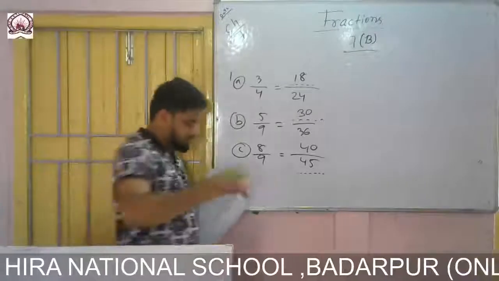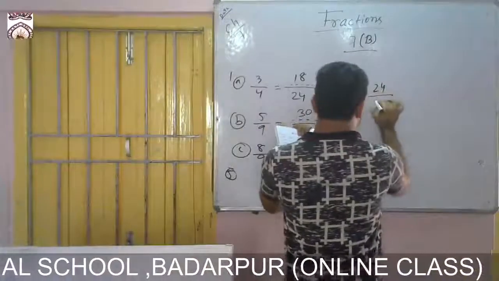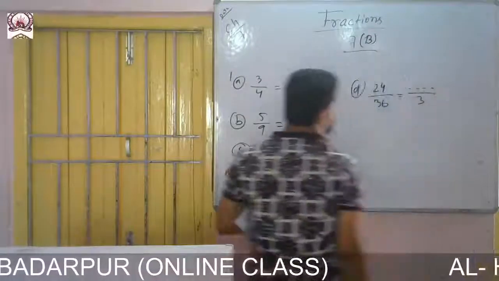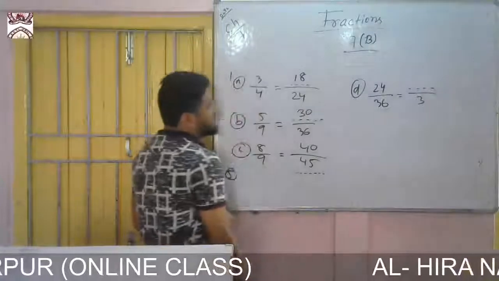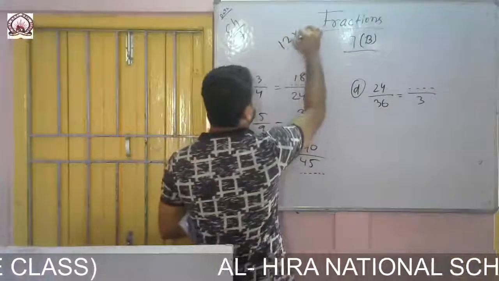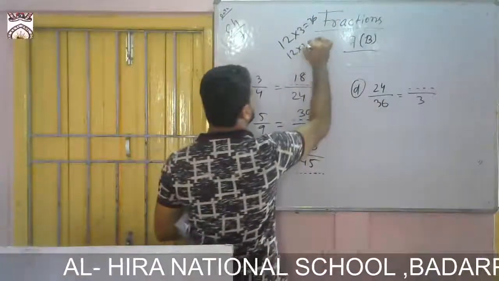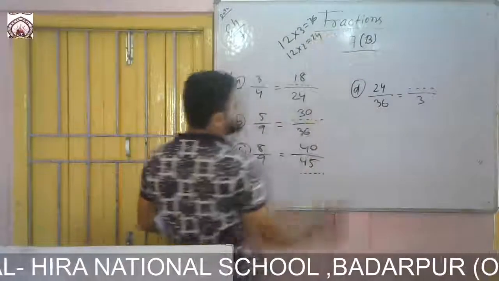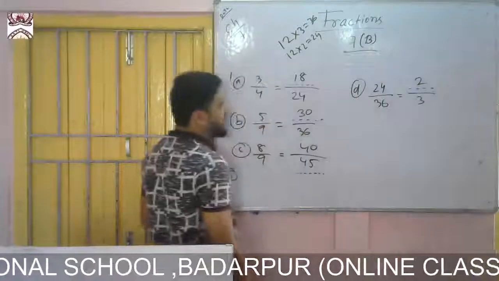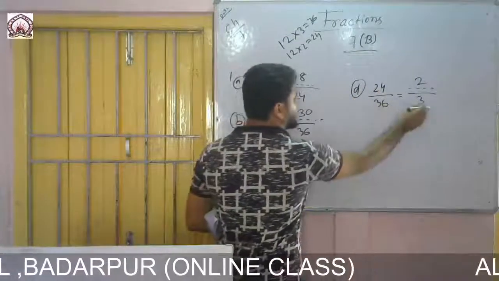Okay, let me do D and E. Let me complete. 24 by 36, then 3 here. You see 12 threes are 36 and 12 twos are 24. So if we cancel, we'll get 2 here. 12 twos are 24 and 12 threes are 36.